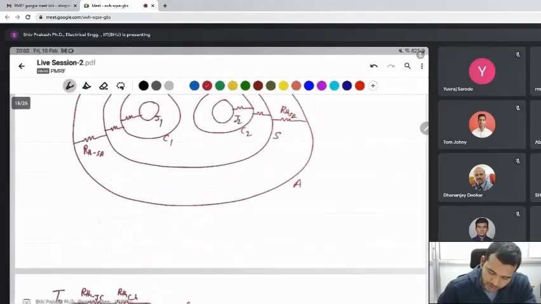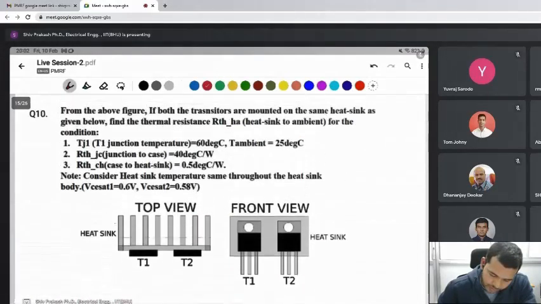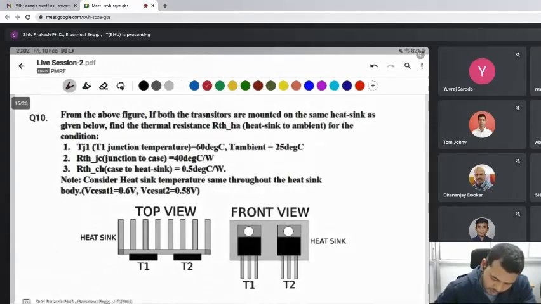To find the temperature, first find the power. We know the saturation voltage is given: VCE is 0.6 volt and 0.5 volt for the second.